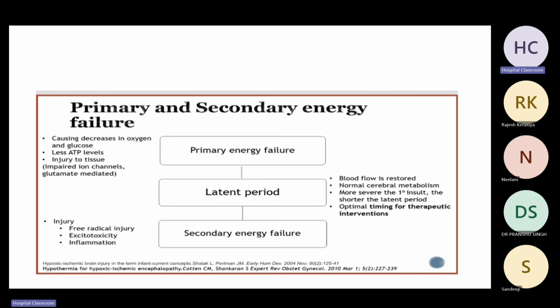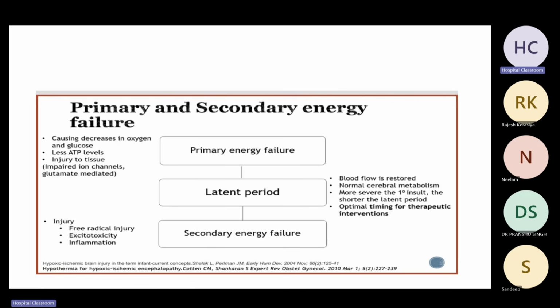So one intervention which is definitely useful in decreasing the chances of neurological impairment after a child having birth asphyxia is therapeutic hypothermia. Okay, how it helps is that whenever there is a hypoxia or asphyxia insult, there is initially a phase of primary energy failure. So in this primary energy failure, there is damage to the neurons because of less oxygen and less ATP. After that phase of primary energy failure, there is a latent phase that is between 0 to 6 hours.